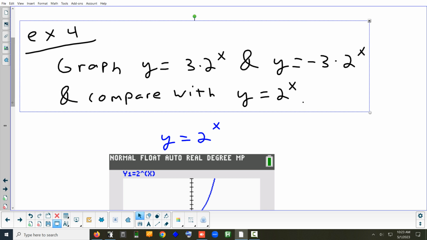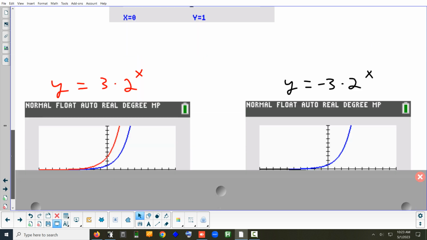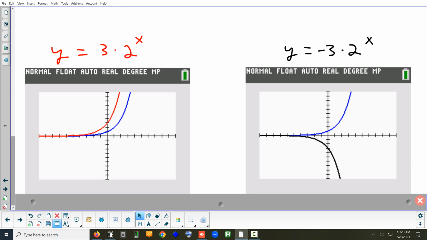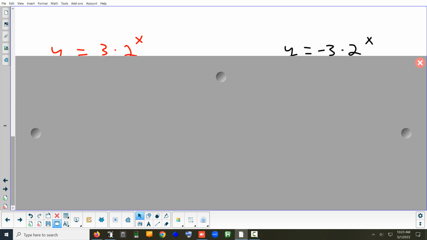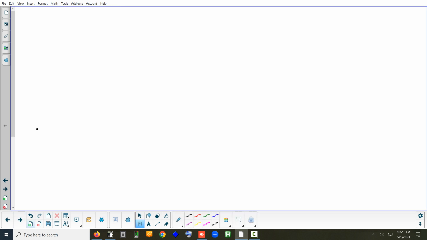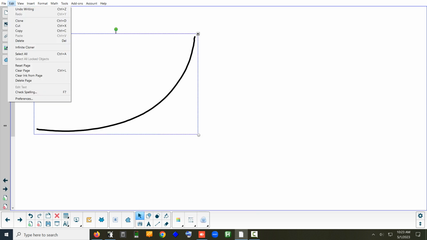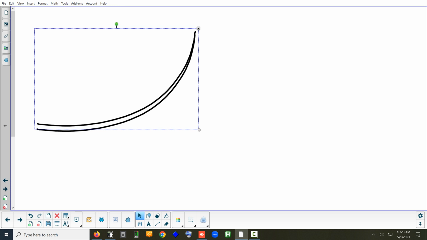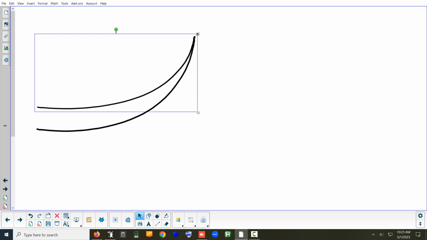All right, let's try. So there's the example of the flip again. Let's try something like this. Let's take that graph, see if I can make a copy of it. Put it right there. I'm going to go like this.